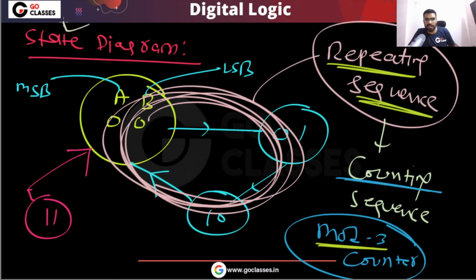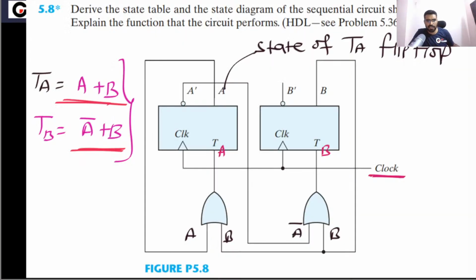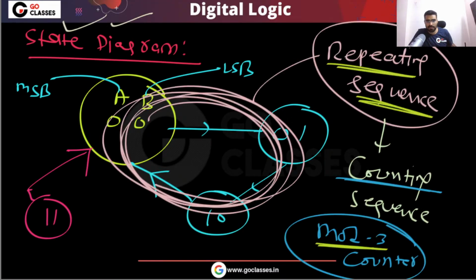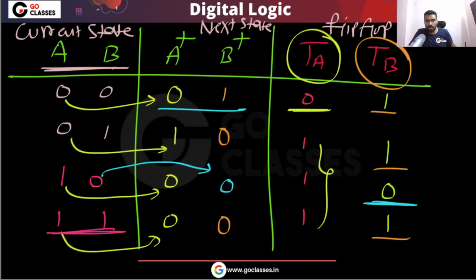Okay, so this state diagram we have created. This is the analysis of this. Now you can also try to find out what is the next state equation. They can ask you this also.